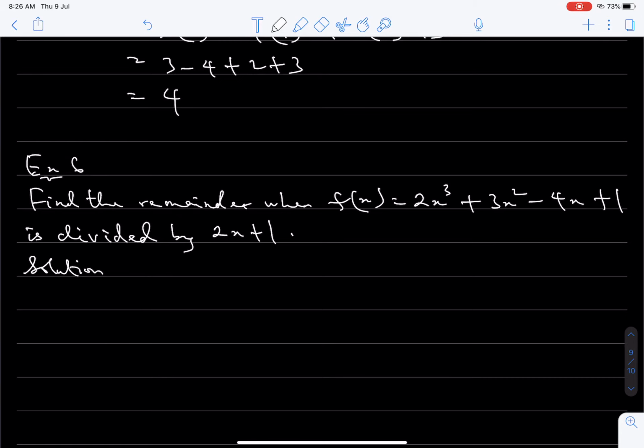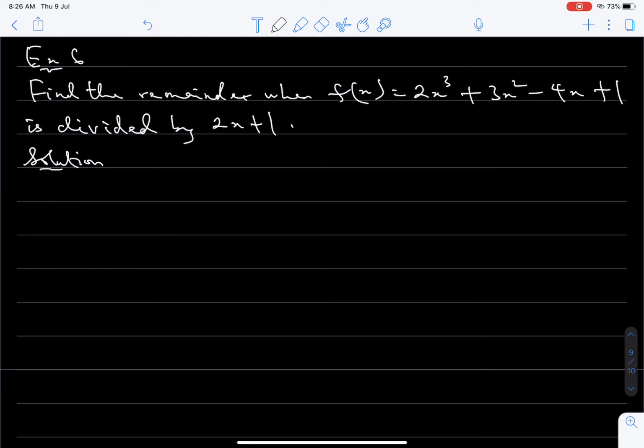We go straight to the solution. f of x equals 2x cubed plus 3x squared minus 4x plus 1.